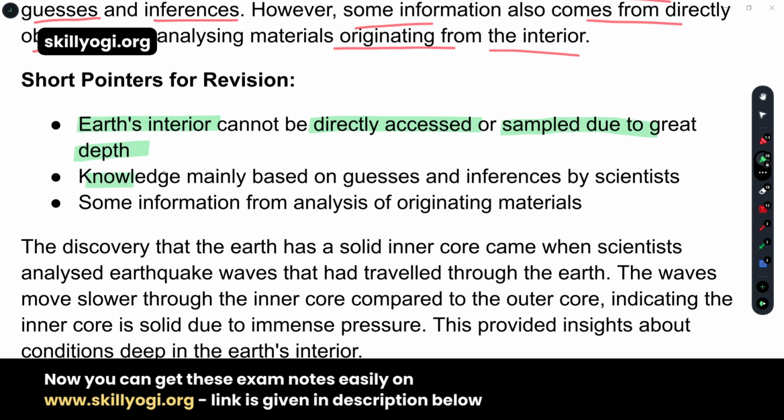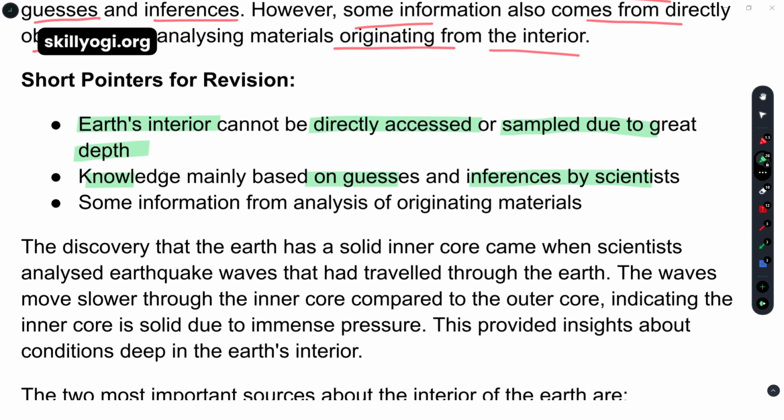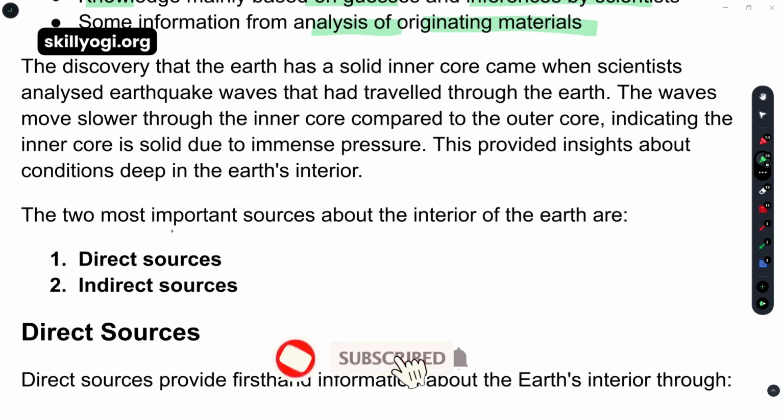Next, the knowledge is mainly based on guesses and inferences by scientists, the geologists or geographers who gave us the inferences, on the basis of which we can make our own knowledge. Third, some information comes from analysis of originating materials. Yes, these three points we have learned from the above paragraph.